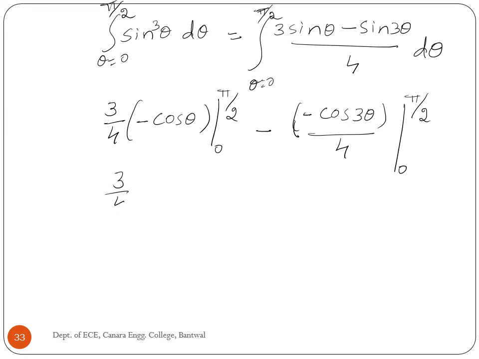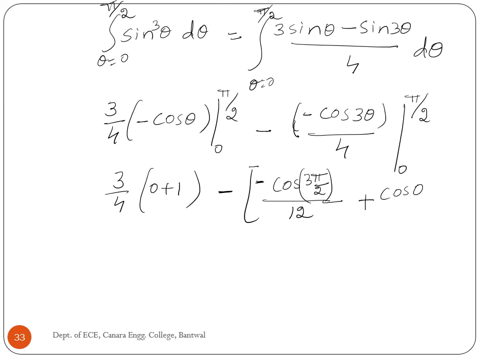So 3 by 4, 0 plus 1, and minus cos 3 pi by 2 divided by 4 into 3, 12, plus cos 0 divided by 12.